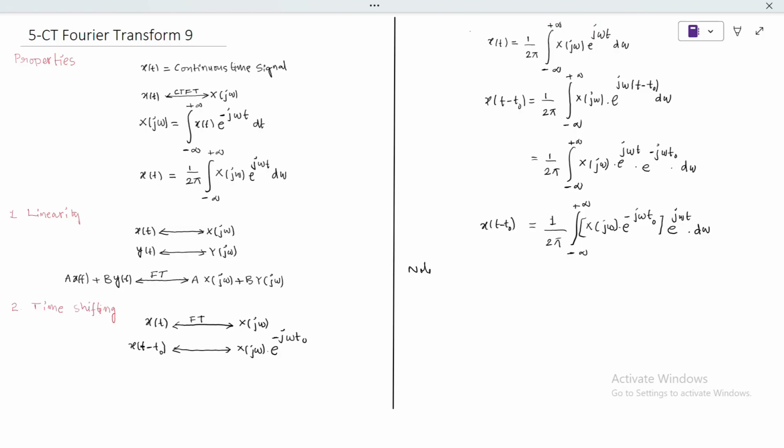And note, for the advanced case, for example x of t plus t naught, the Fourier transform is x of j omega into e power j omega t naught. So this is for the advanced signal. This is for the delayed. Both come under the time shifting property.